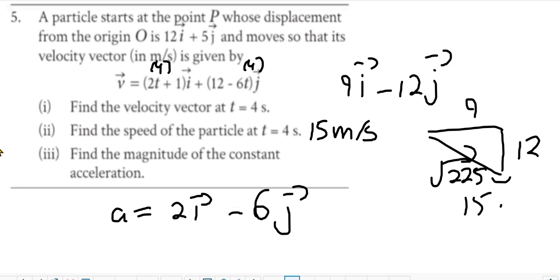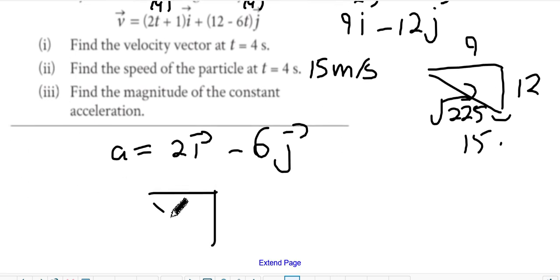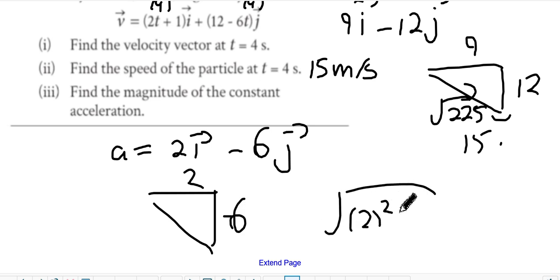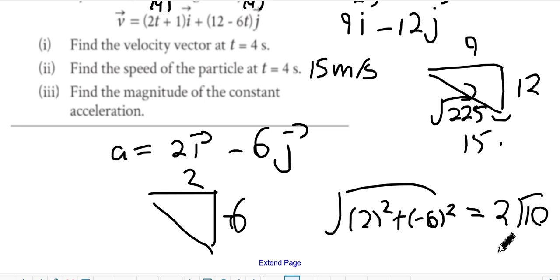Now, it wants the magnitude, so that's going to be 2 across and 6 down. Using Pythagoras' theorem, you get root 40, because it's the square root of 2 squared plus minus 6 squared. 2 root 10? Yeah. 2 root 10 meters per second squared.